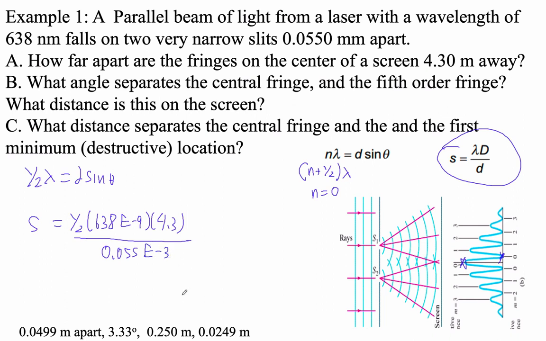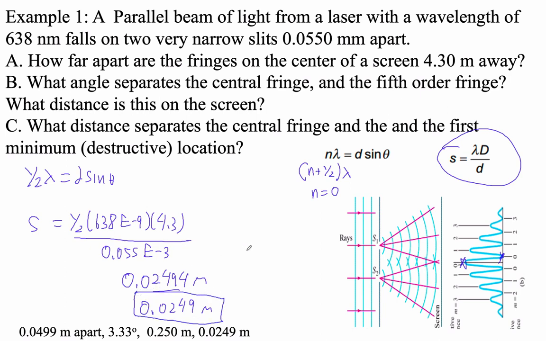So 0.5 times 638 e minus 9 times 4.3 divided by 0.055 e minus 3, and I get 0.02494 meters. With 3 sig figs, we'd say 0.0249 meters. Ta-da.